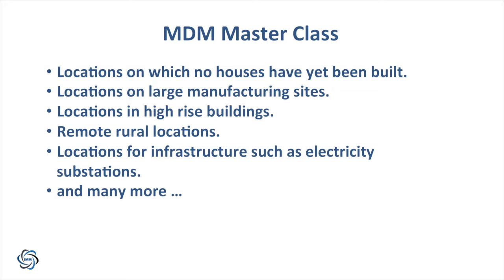Then there could be locations in high-rise, multi-use buildings. How do you address those? Remote rural locations, for example, where you could have a telephone box in a remote area. How do you address that? Or an electricity substation that you need to be able to get to, or a reservoir, etc., and many, many more. And I'll cover that in more detail in the multidimensional Master Data Management workshop.